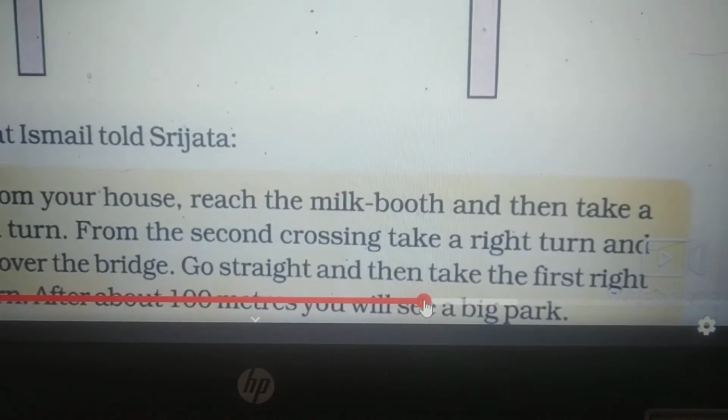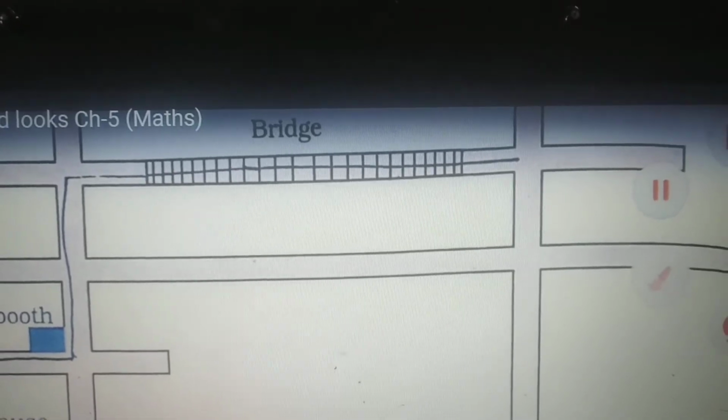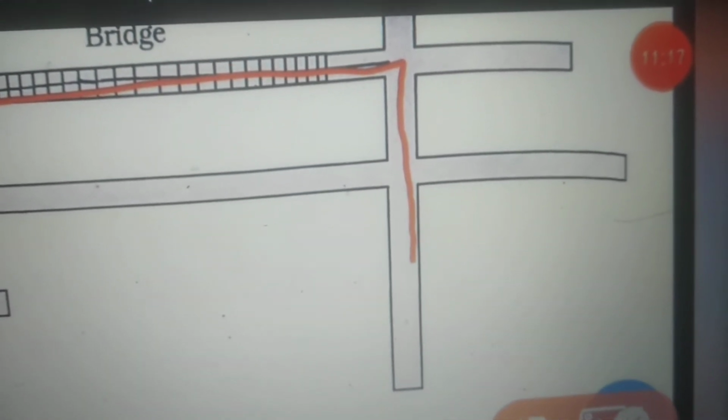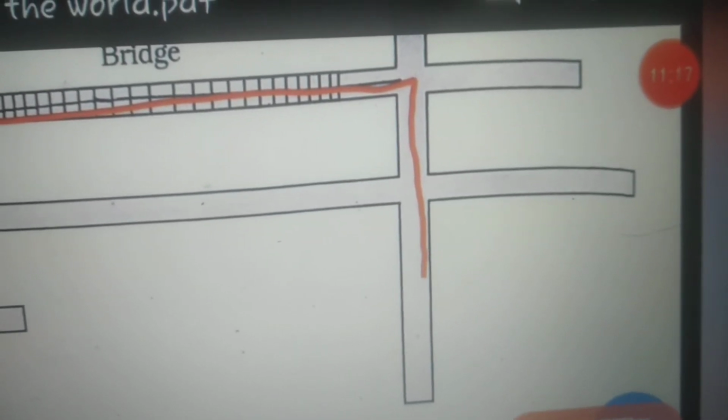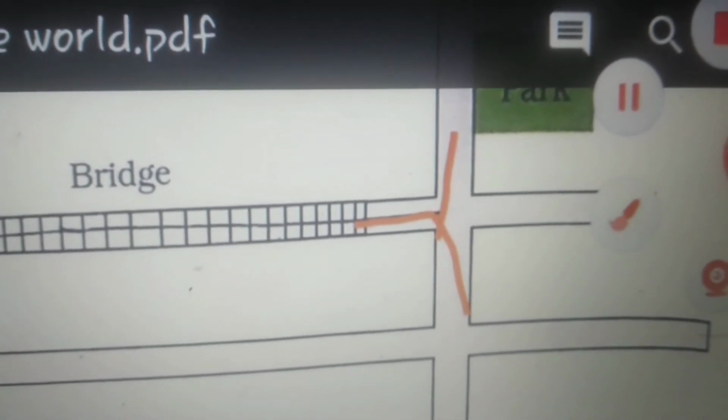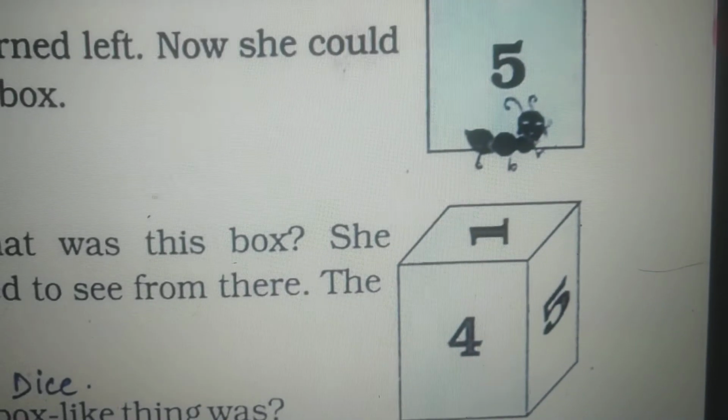And he is writing that from the bridge then take the first right turn. So it means if she takes a right turn from the bridge, she will go like this, but there is no house on this right turn. Something wrong he has written. She will have to take a left turn rather.